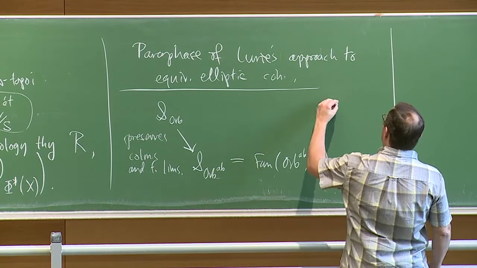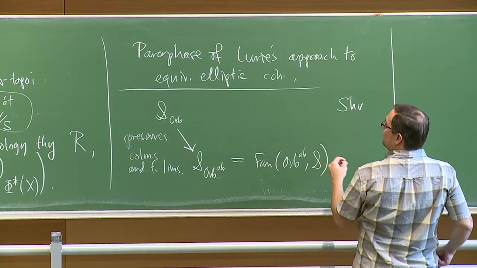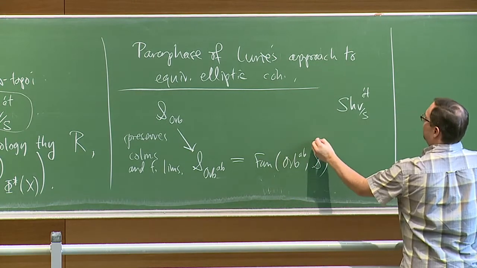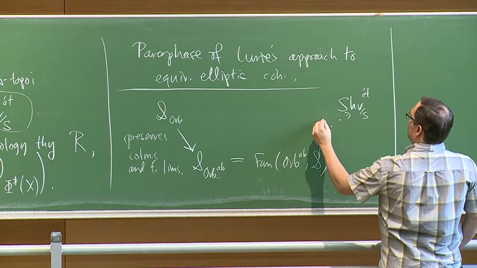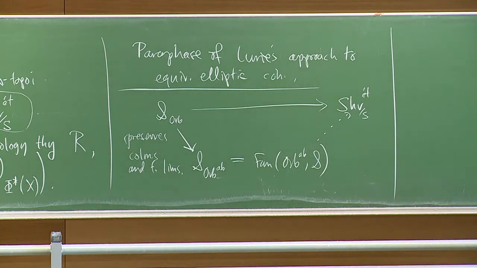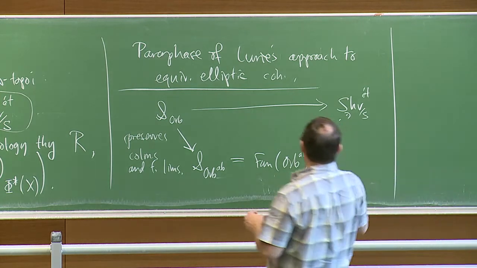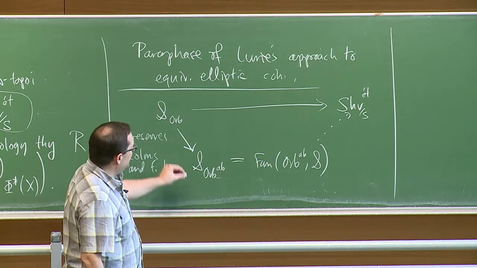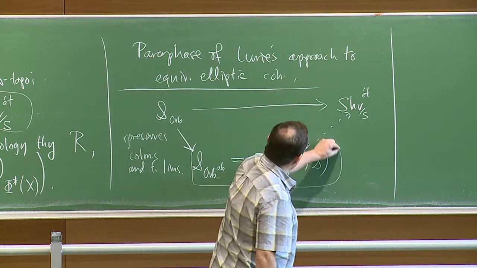And now if I could find one that goes to here, I could compose the two and get a morphism like that. Now, what can go to here from here? Well, this has a universal property.